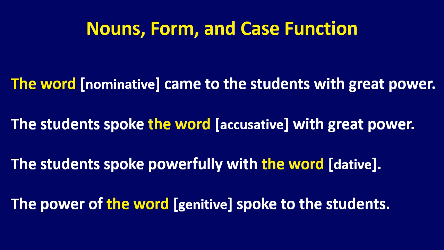It is the object case form or function within the sentence, whereas nominative is going to be your subject form or spelling. Going down to the third line, it says the student spoke powerfully with the word. And here, with the word, that expression indicates that this is the dative case form. And then lastly, the sentence at the bottom says the power of the word.